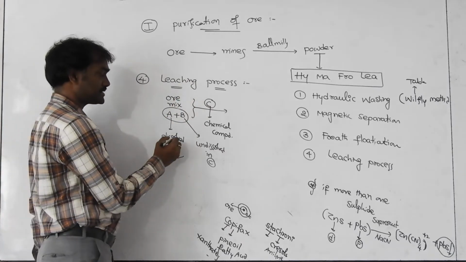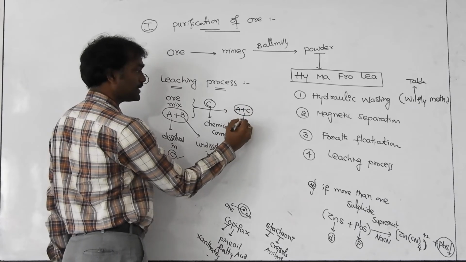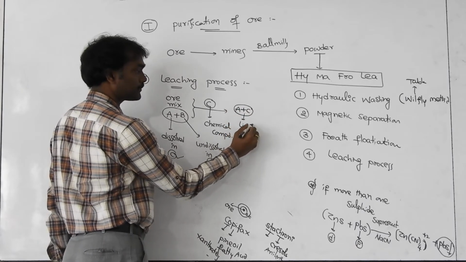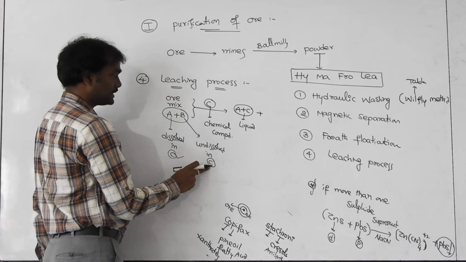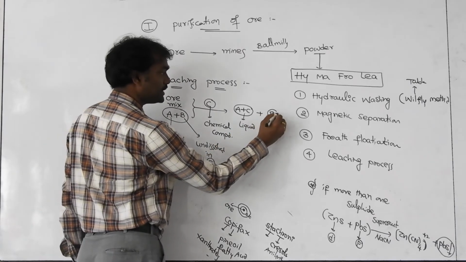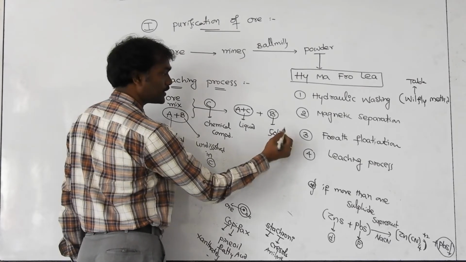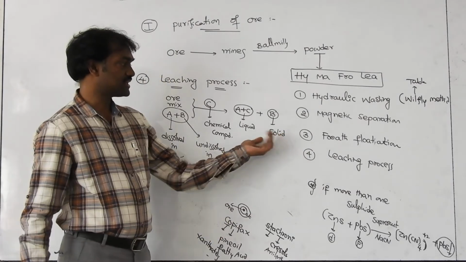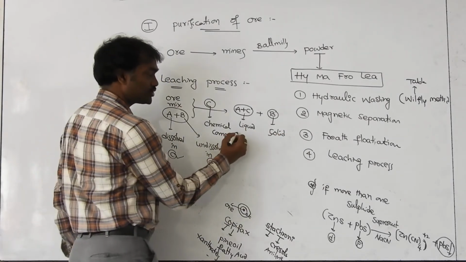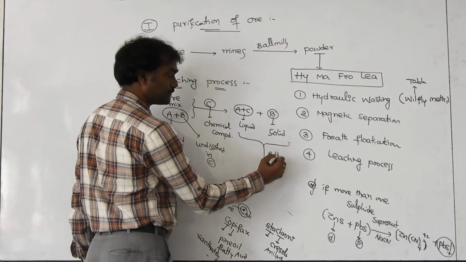So then what happens? A is dissolved in C. A and C combined in liquid state. Next, B is not dissolved in C, so B is in the form of solid only. So one compound is solid, another one is liquid, and you can easily separate them by using filtration.